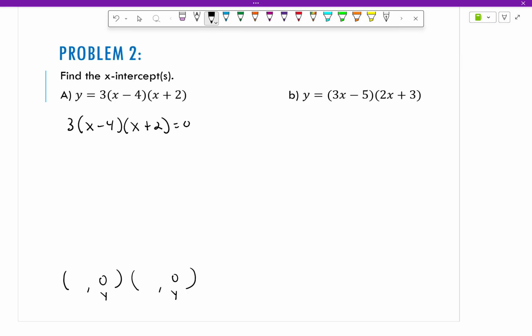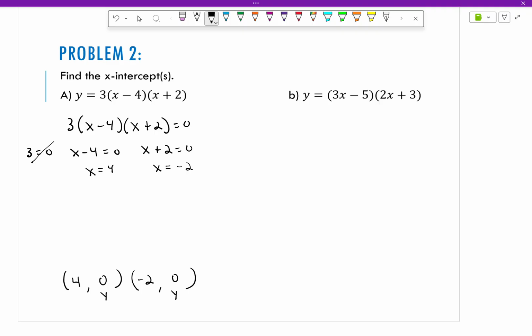And then the zero product property says to set each factor equal to 0. And then I solve. So 3 equals 0 doesn't make any sense, so that's useless to us. You add the 4 over, so x is equal to 4, minus the 2 over, x equals -2. So our x-intercepts are 4, 0 and -2, 0.